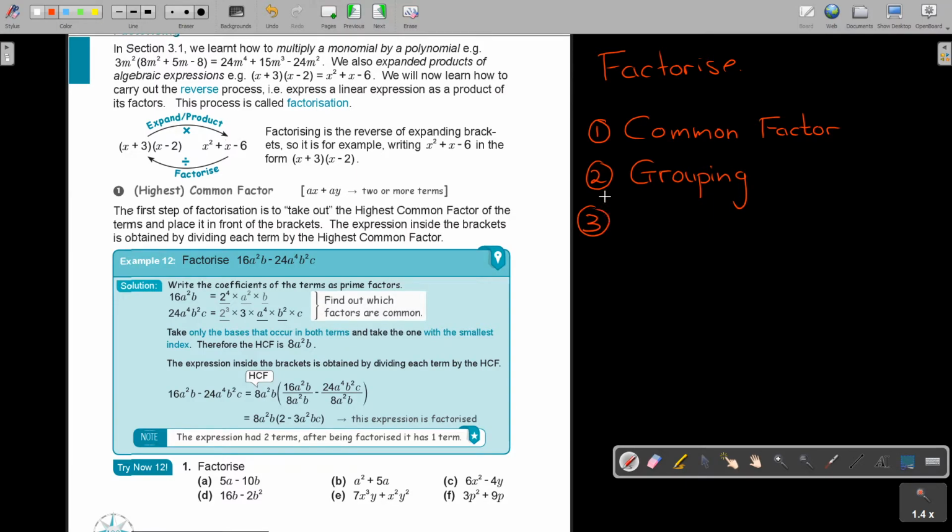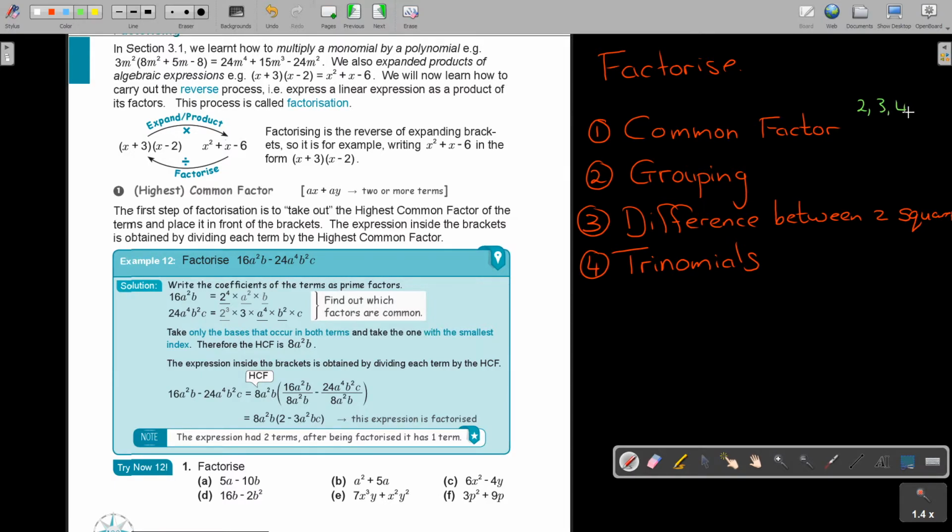The third one is difference between two squares. And the last one is the nice and challenging one: trinomials, quadratic trinomials. Now, can I just remind you, common factor can have 2 terms or 3 terms or 4 terms. Doesn't matter, but at least 2.